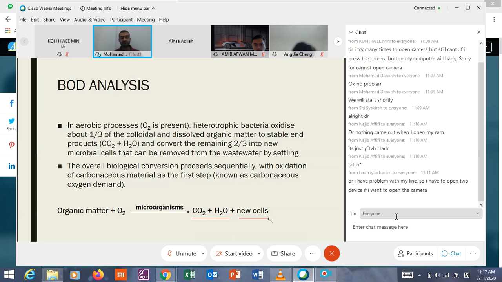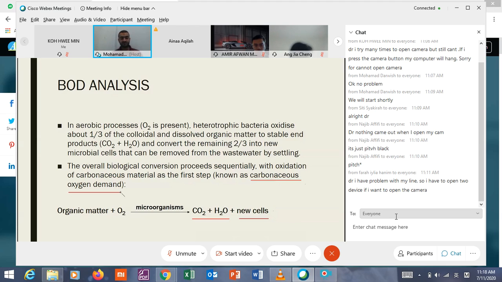That's what we call the carbonaceous oxygen demand. Why? Because here only organic carbon is removed. We know that organic material has different elements; the main two are carbon and also nitrogen.